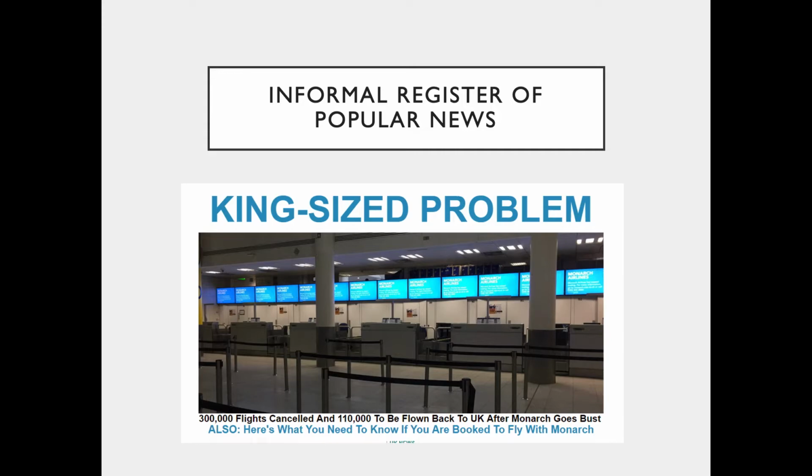And if we look at the text underneath the image, that's explained. So we have 300,000 flights cancelled and 110,000 to be flown back to UK after Monarch goes bust. Also, here's what you need to know if you're booked to fly with Monarch. So Monarch was an airline company that went bust.